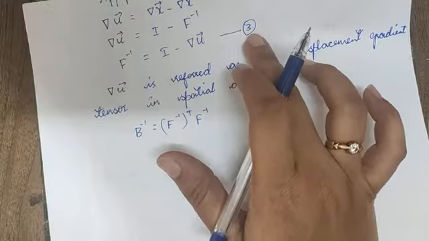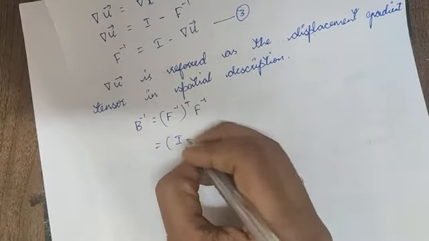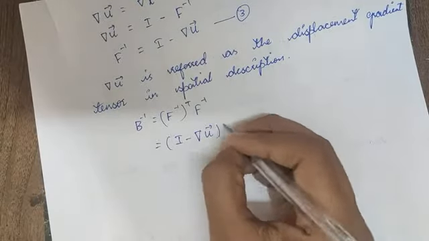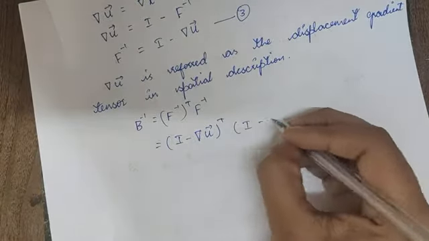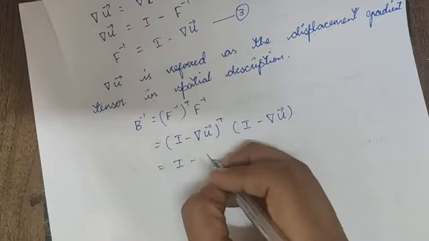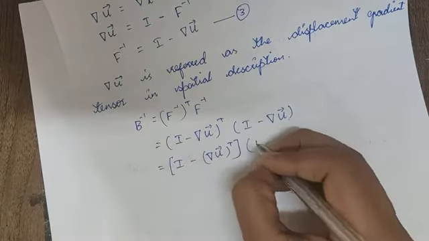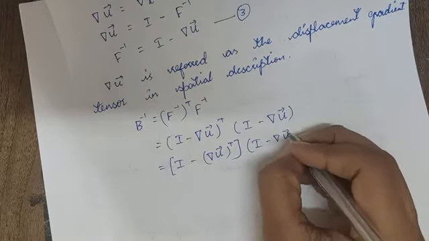From equation 3, I have F inverse. Substitute here, you will get I minus del U whole transpose into I minus del U.